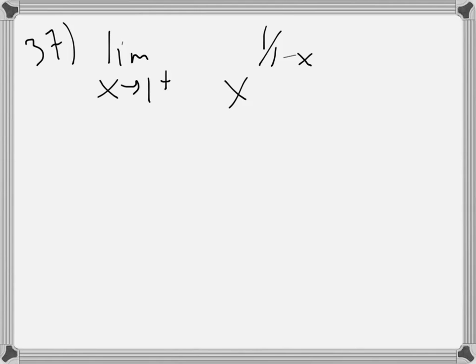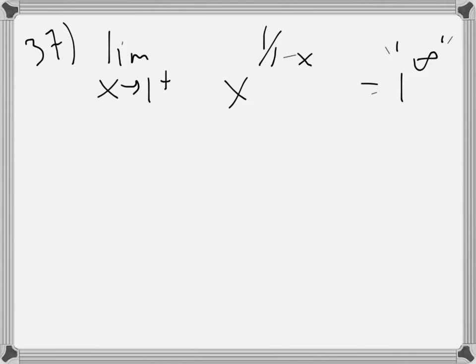If I'm coming at 1 from the right, then the exponent is very small and negative, so I guess on the denominator, so I guess that's all going to negative infinity, so I'm getting 1 to the negative infinity. But 1 to any infinity, that is indeterminate, whether it's plus or minus. So let's try to write this in a way that we can do L'Hopital's rule.